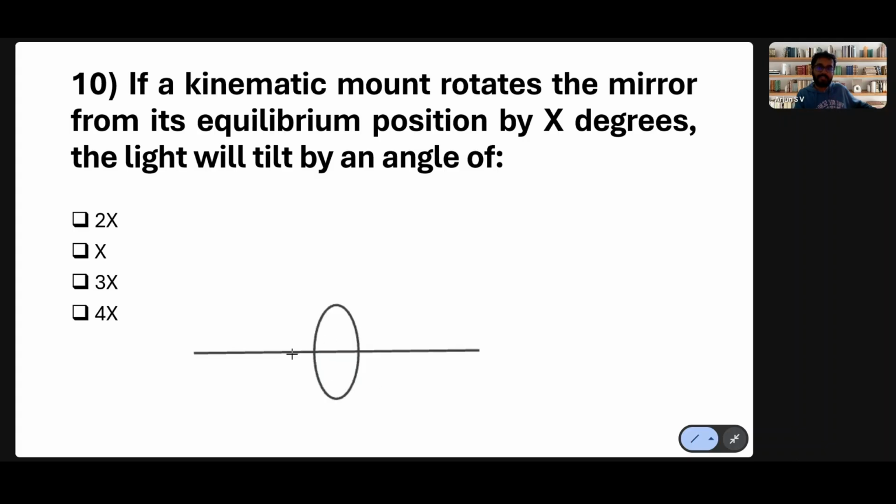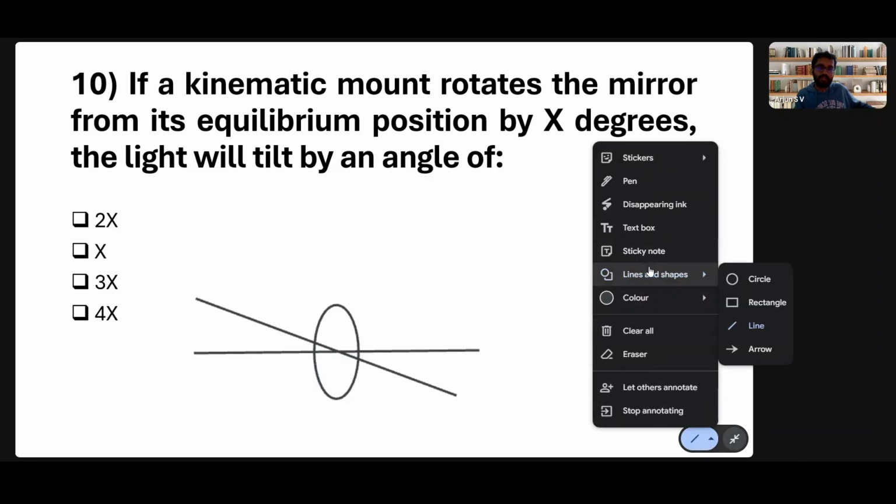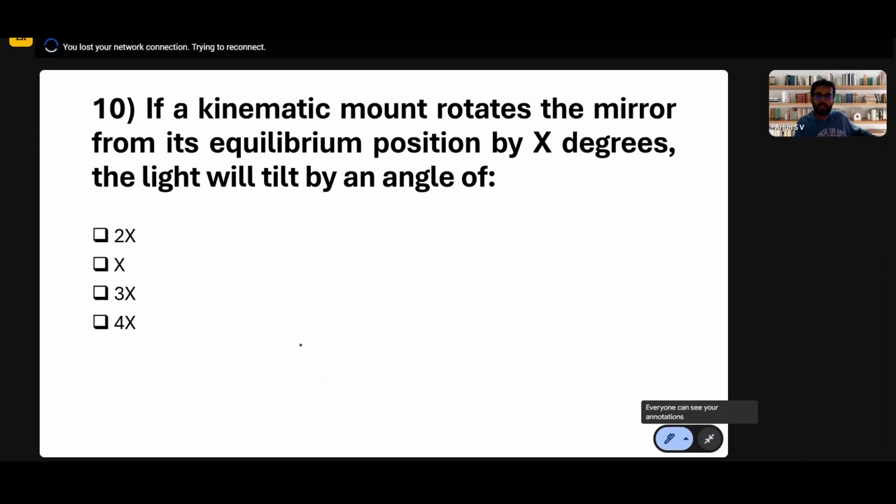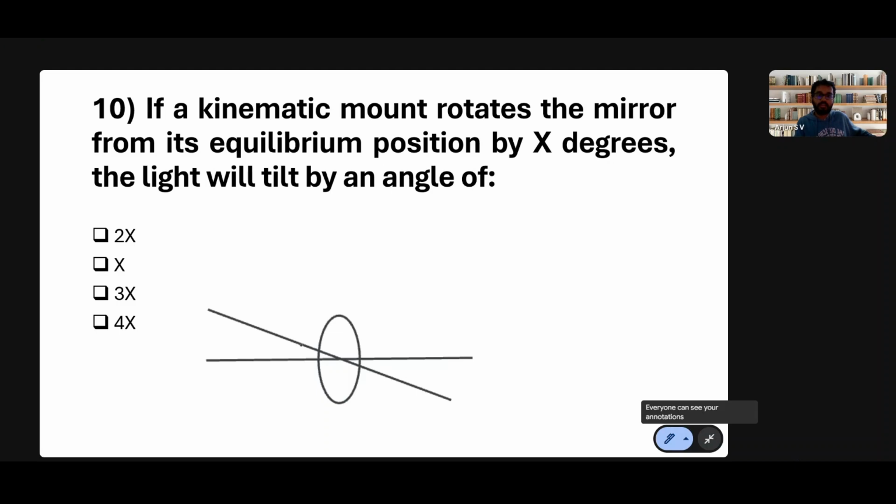So let's just assume this as the lens and this to be the optical axis. So we have a line which is passing through the lens like this, and let the angle be x.